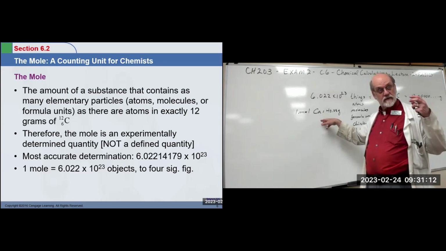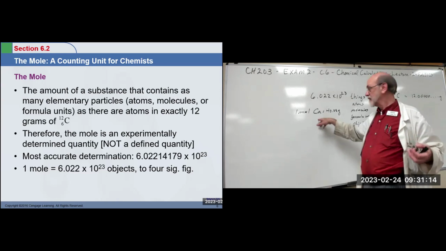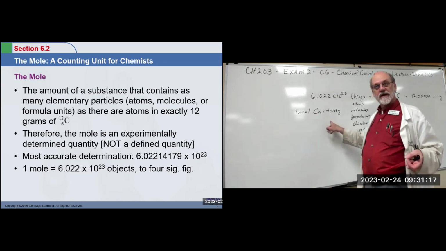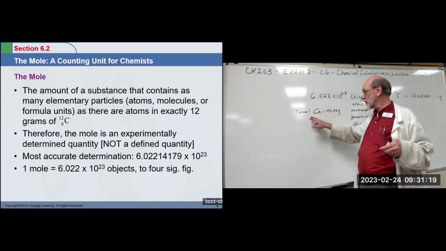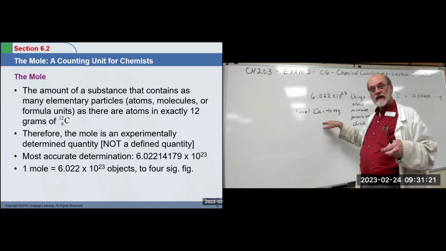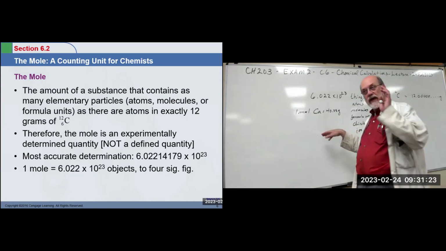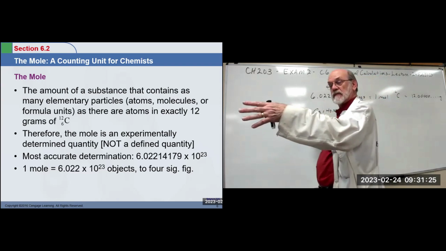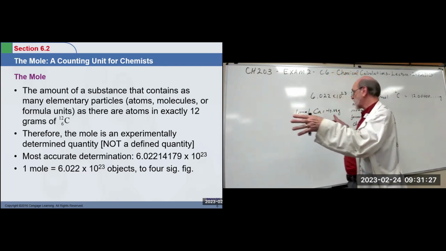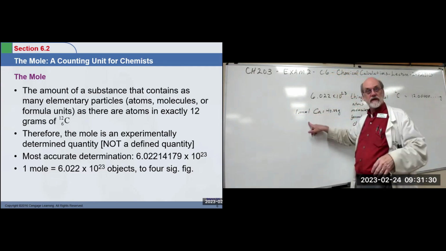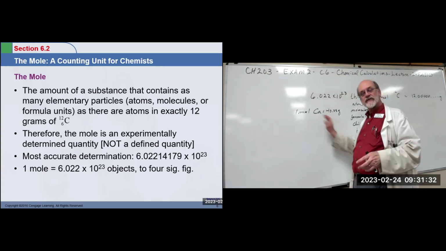We have a conversion factor, because that equals that. So if we have a conversion factor from this relationship, and we weigh out so many grams of calcium on the balance, we can convert that many grams to how many moles it is. So we can relate the mass to the moles now.